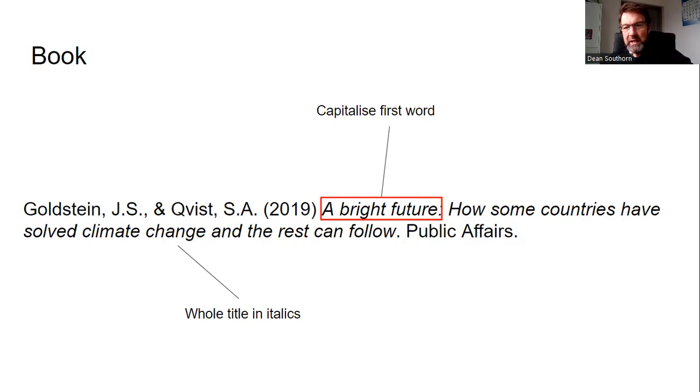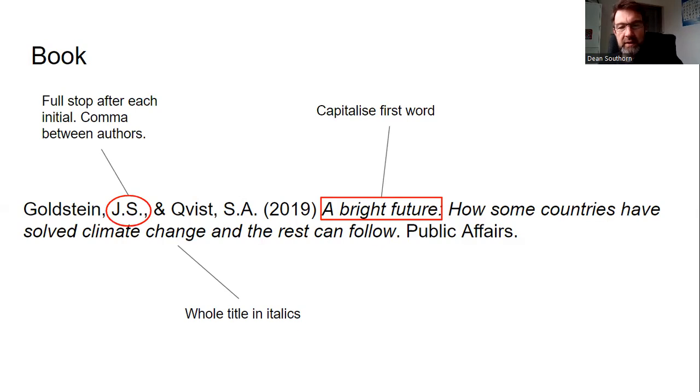Here we have a capital A. On the book, everything is capitalized, right? But on your reference list, only the first word of the title and the first word of the subtitle, the H here in How, should be capitalized. Everything else doesn't need a capital unless it's a name. So for example, if it was a country, it would have a capital, but every other word, apart from the first letter of the first word, would be lowercase.